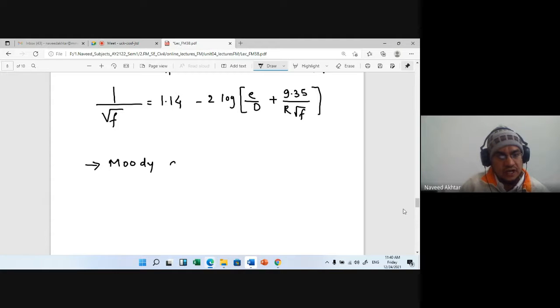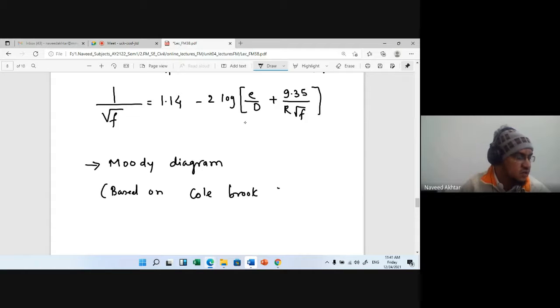Moody's diagram I have already made in my notes, so I will go there to see the figures. The Moody's diagram is a plot based on the Colebrook equation, and you can see that here.